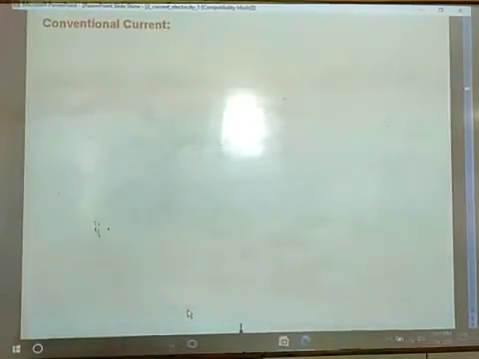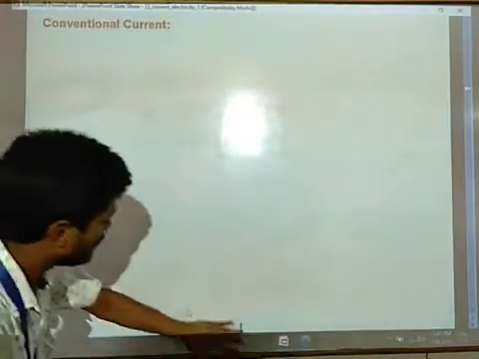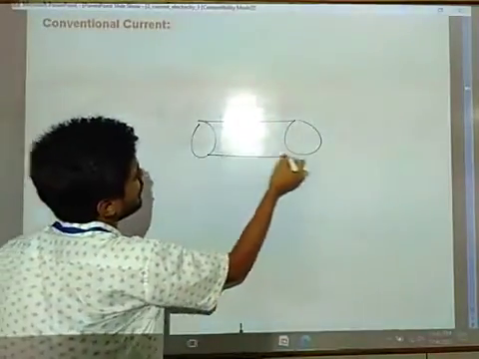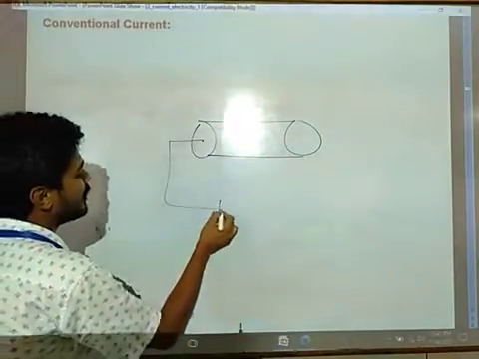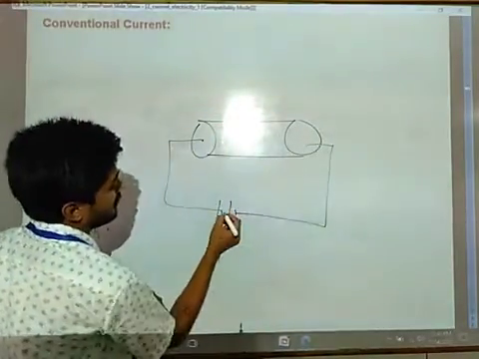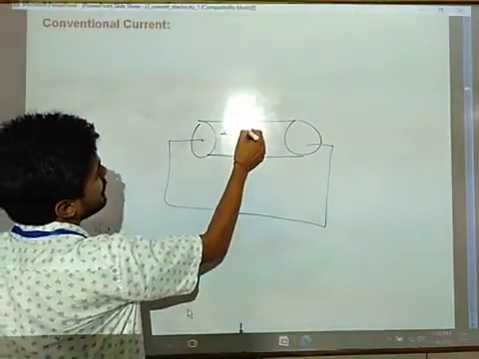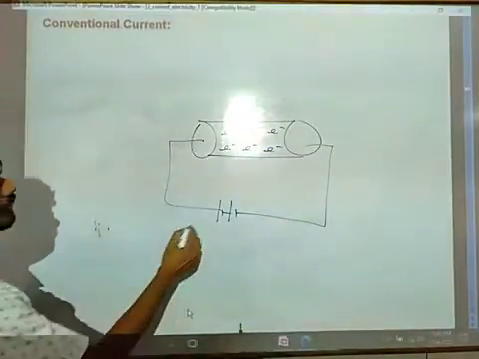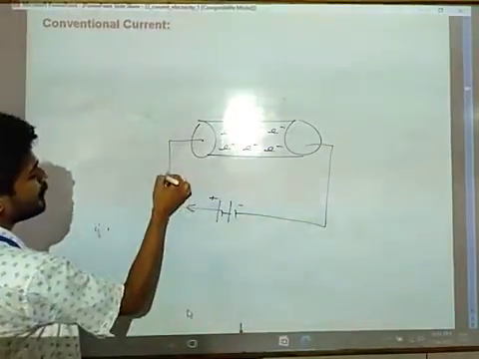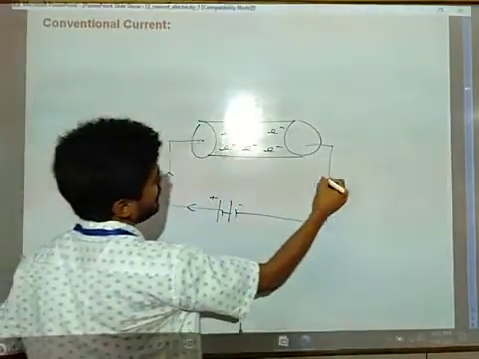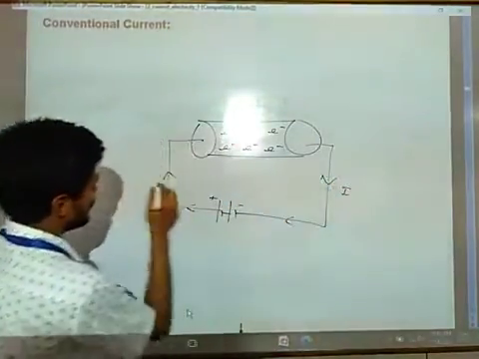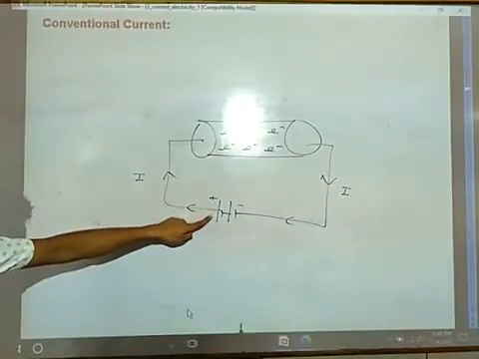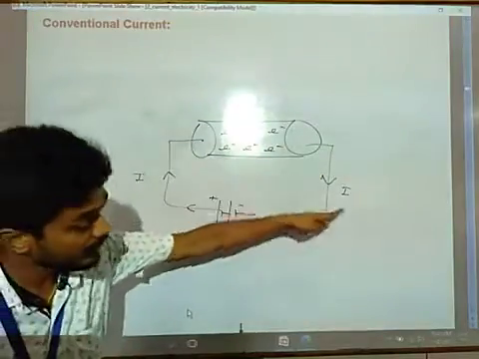Now come to the next, conventional current. As we know, for the flow of current we use a conductor and a cell or battery. In a conductor, electrons are free to move. Conventionally, we say that current starts from the positive terminal of the cell and ends at the negative terminal.